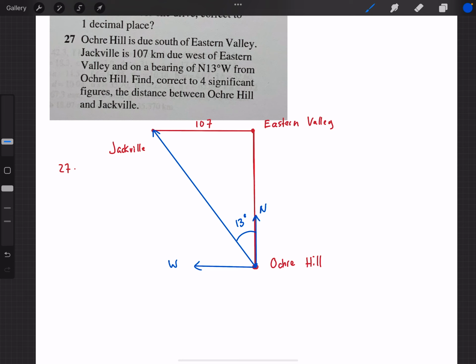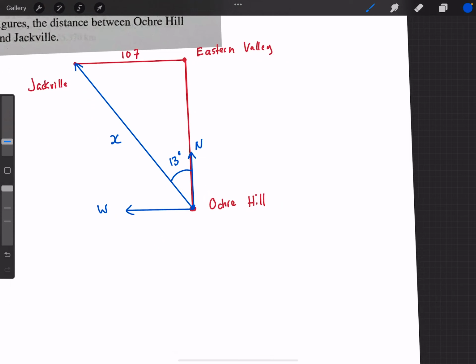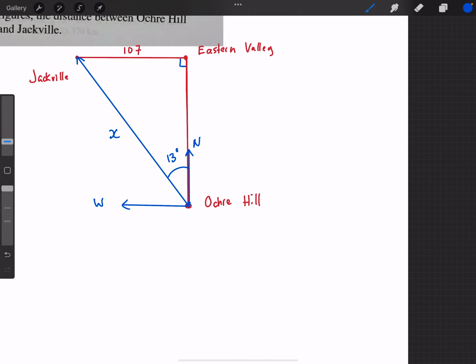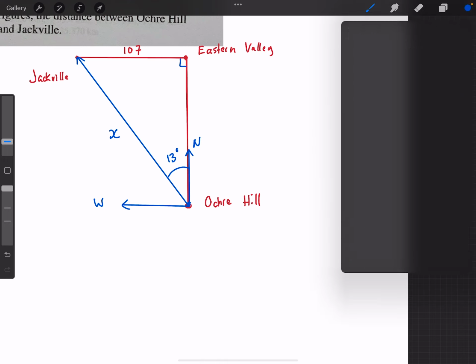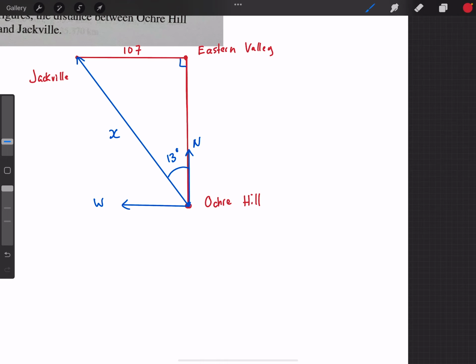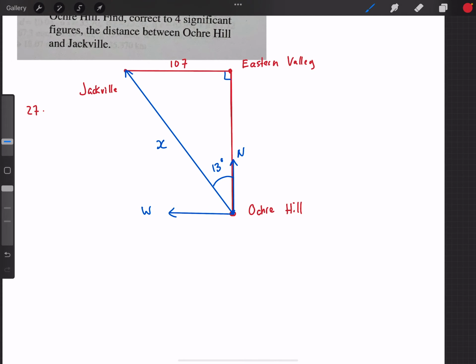It says find, correct to 4 significant figures, the distance between Oak Hill and Jacksville. So we're looking for this distance here. I'm going to call it X again. So that's what we're looking for. We have a 90 degrees here. We got a triangle, as you can see. We have all the necessary information. We're going to use trigonometry, and let's look at this 13 degrees.